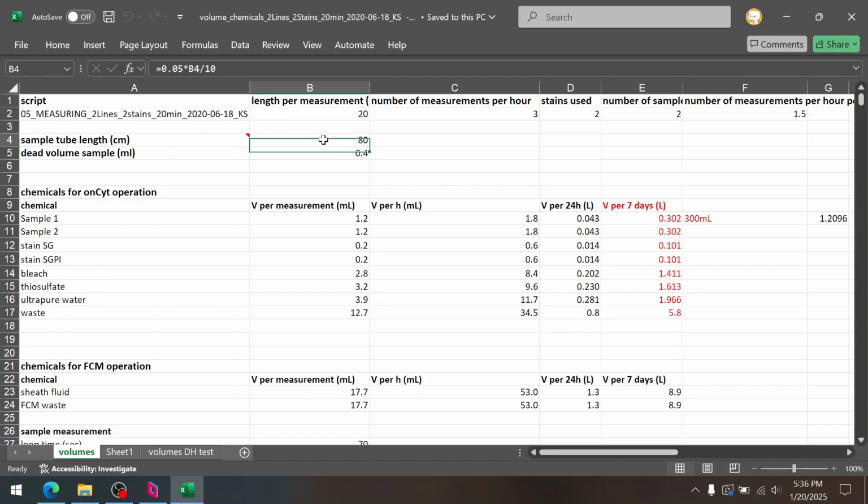When you increase the sample tube, it means you have to increase the dead volume by changing some commands in the script, right? So you really have to understand how the script works to change it, because there can be a lot of mistakes and errors when running the script if you do it incorrectly.